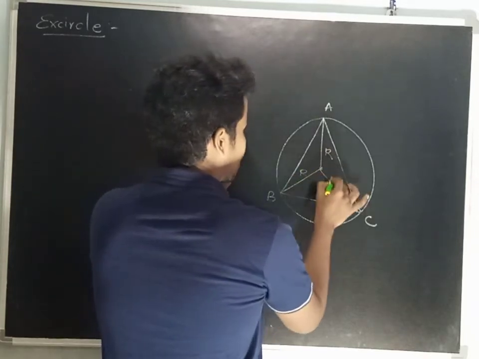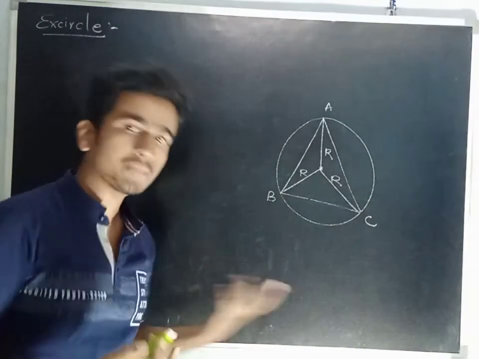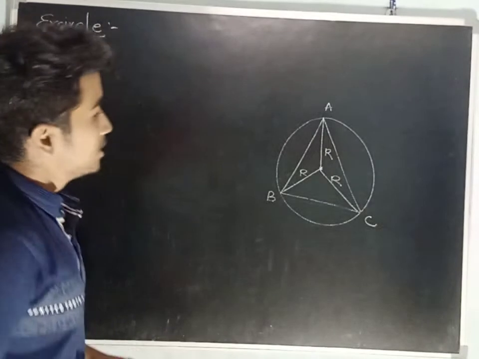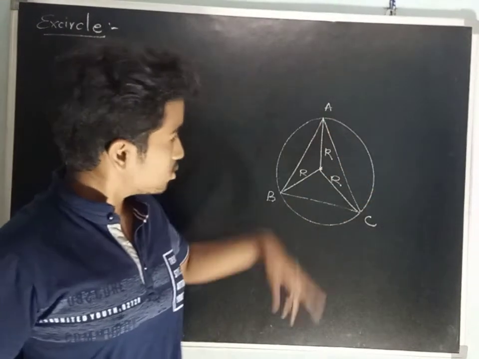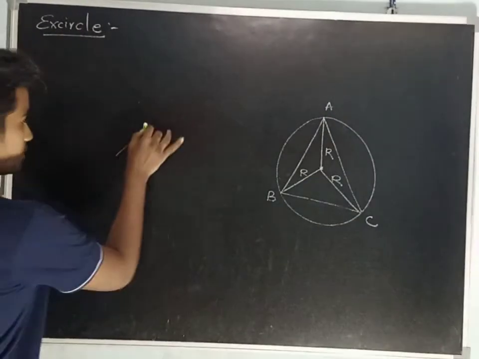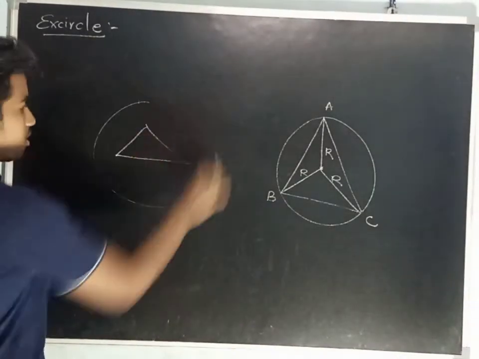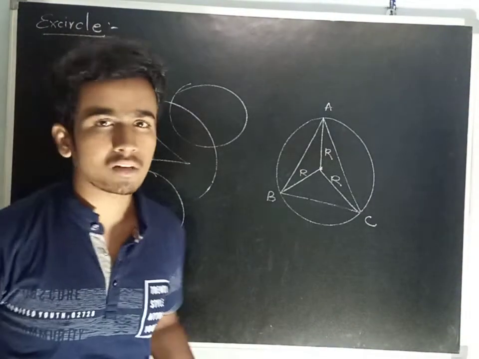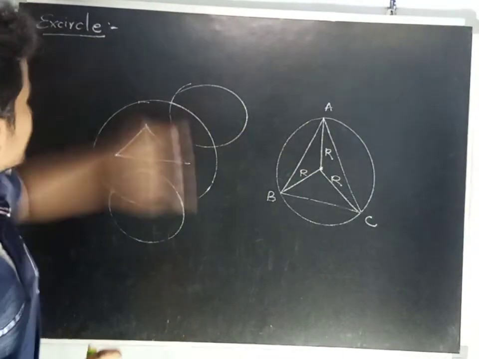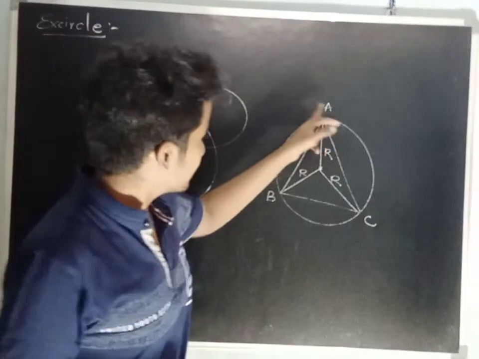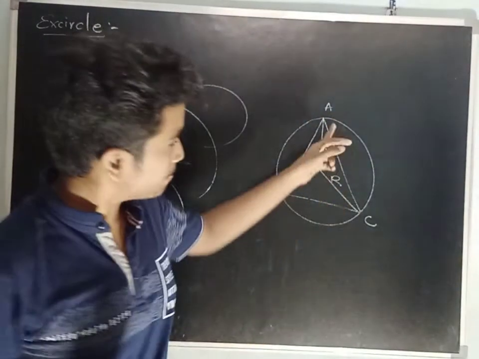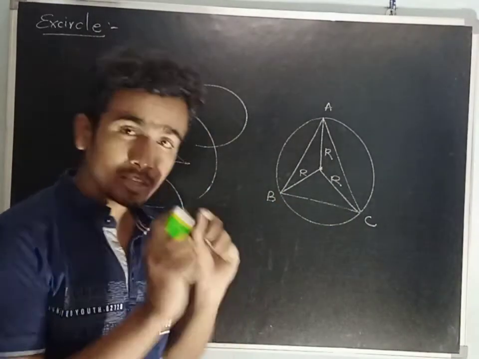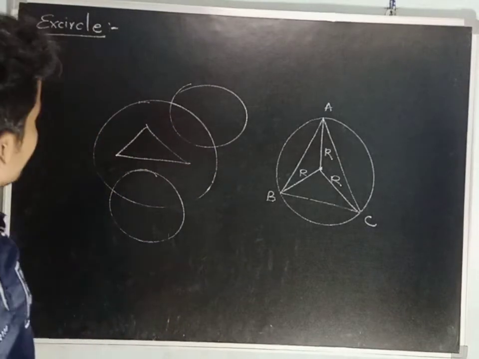Its radius is capital R. For the incircle, the radius is denoted with small r; here it is denoted with capital R. A circle is drawn outside the triangle. It can be drawn like this, or like this. Infinite circles can be drawn. But the specific thing regarding the circumcircle is that the circle is drawn outside the triangle so that it passes through all the vertices of the triangle.